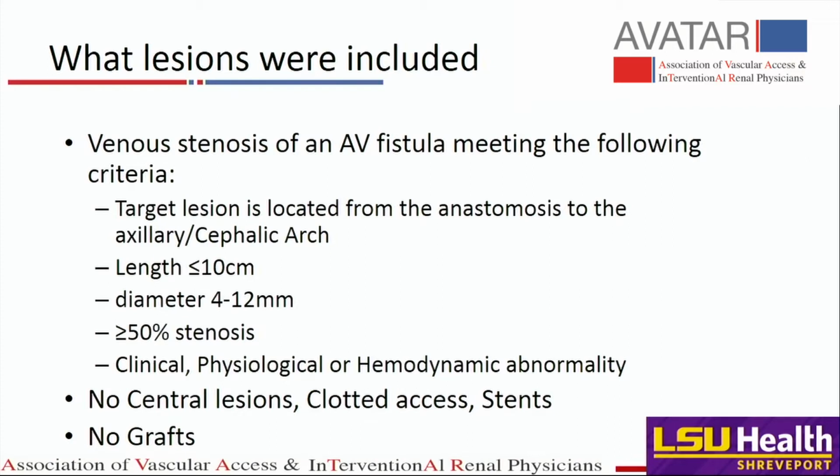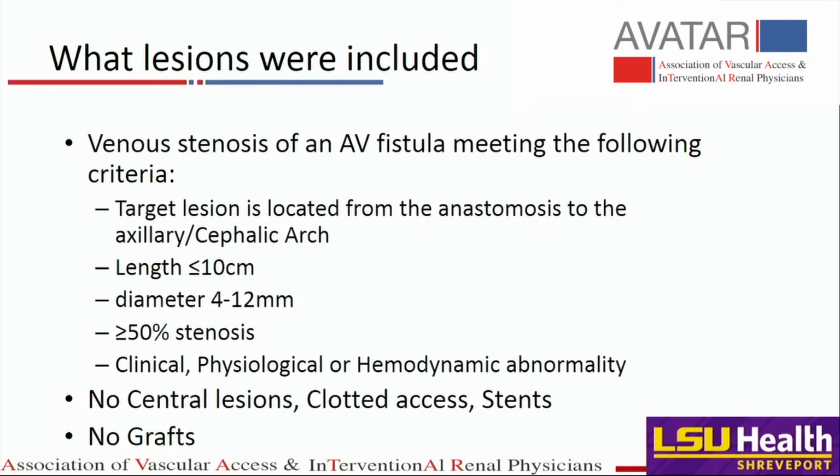The length of the lesion had to be less than 10 centimeters. The maximum balloon diameter that could be used was 12 millimeters, so the lesions had to be within that size, and there had to be at least a 50% stenosis. No central lesions were included in the study.